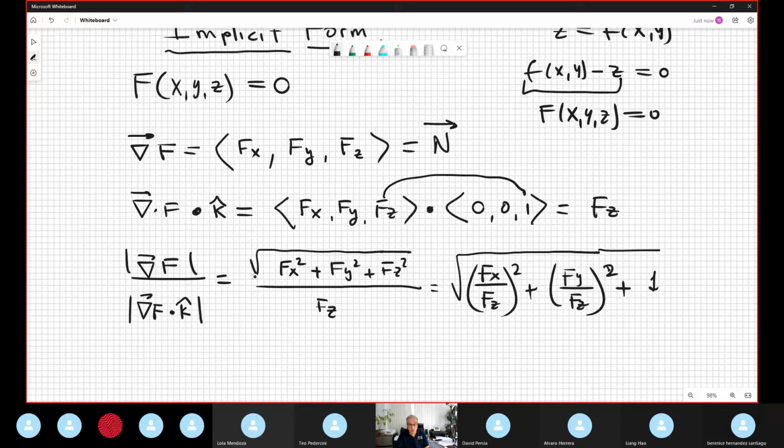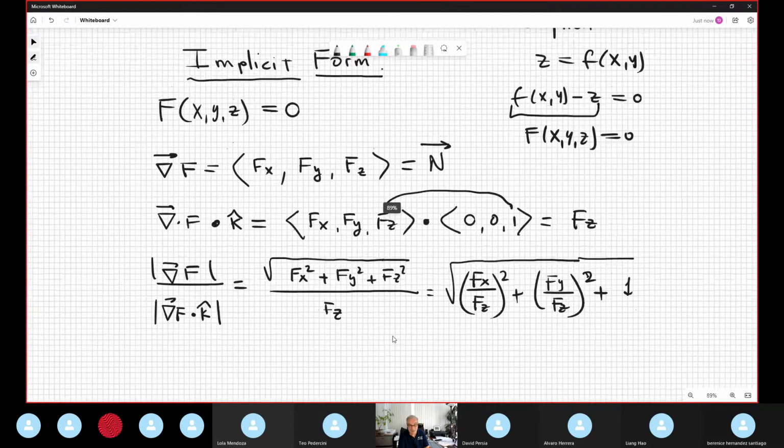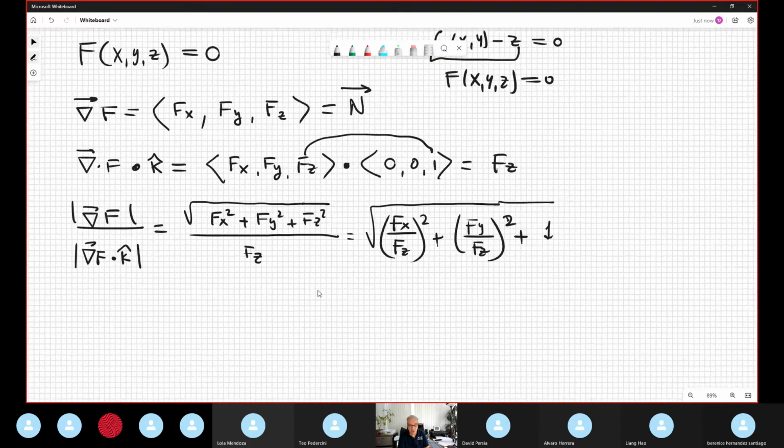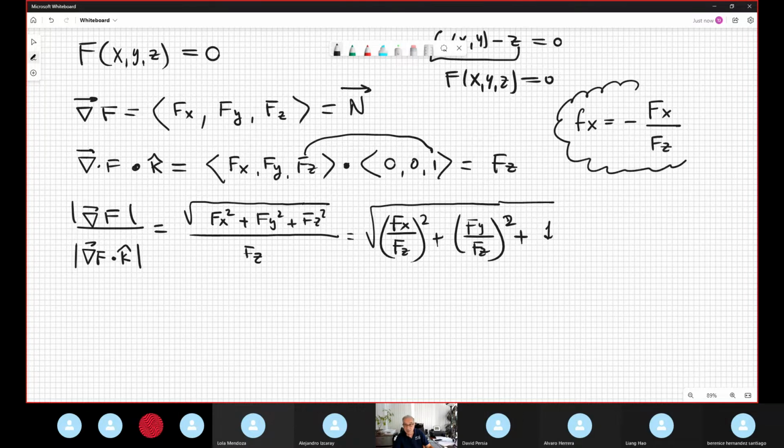And then I suppose that you remember from chapter 2 implicit differentiation, and the formula to compute, for example, the partial derivative of z with respect to x, which is minus the partial derivative of F with respect to x, implicit, divided by the partial derivative of F with respect to z. I suppose you remember that formula from chapter 2, when you studied implicit differentiation.